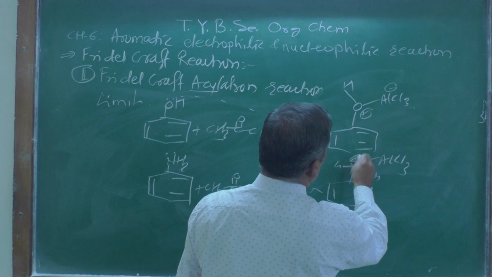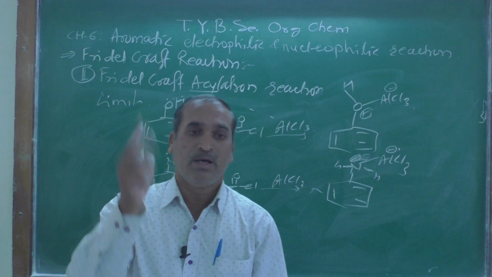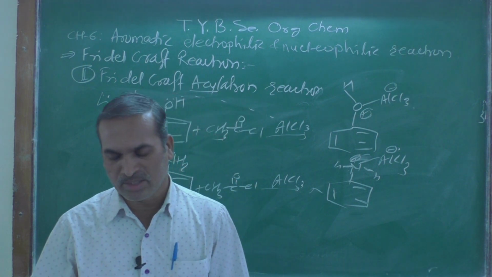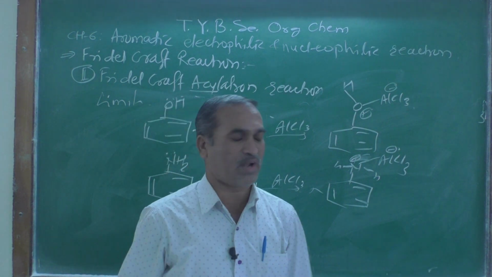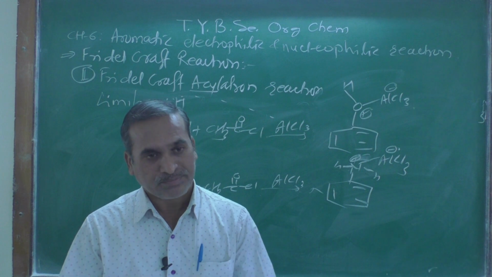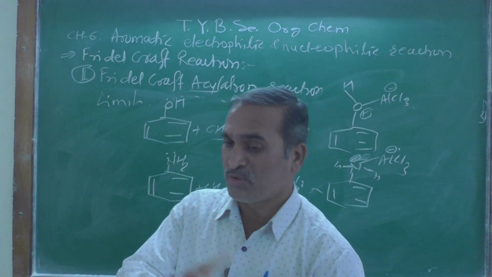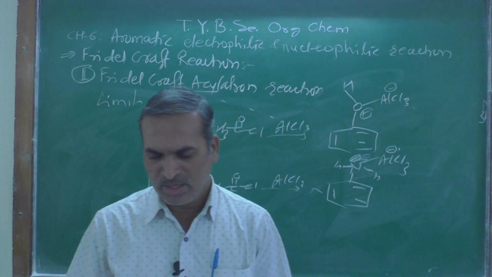Here is a positive charge, here maybe a negative charge, and therefore this is another major limitation of the Friedel-Crafts acylation reaction. So with this we have seen the limitation of the Friedel-Crafts reaction.